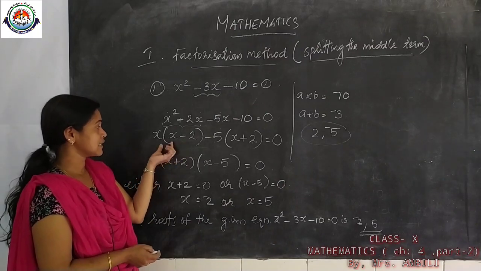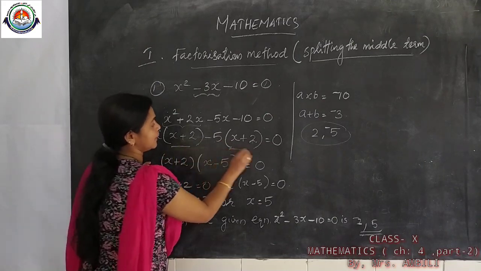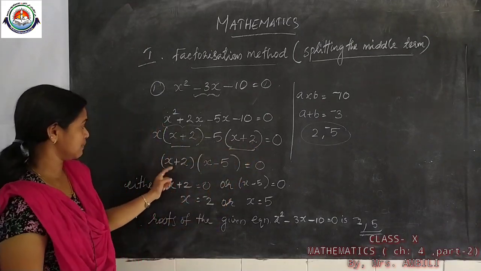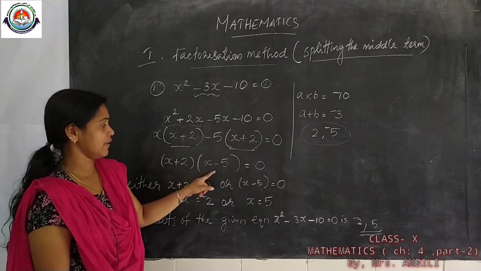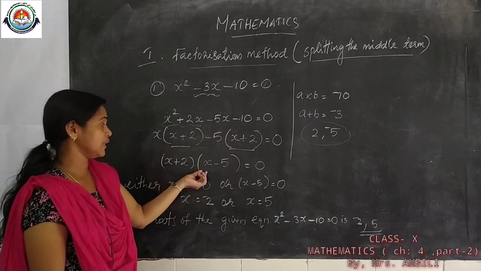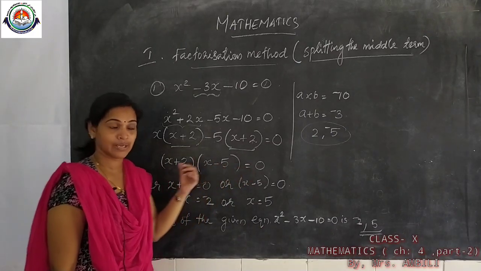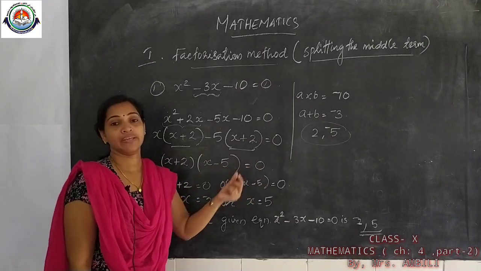So, again x into x plus 2 minus 5 into x plus 2, here again x plus 2 is common. So, we took x plus 2 outside. So, what is remaining here? 1x, here minus 5x, minus 5 equal to 0. So, we got that is x plus 2 into x minus 5 equal to 0, which implies either x plus 2 equal to 0 or x minus 5 equal to 0.